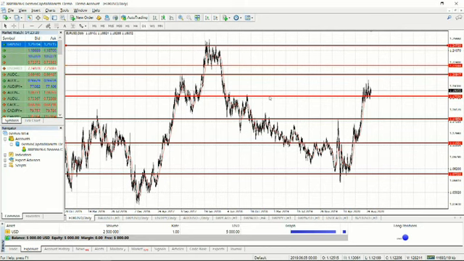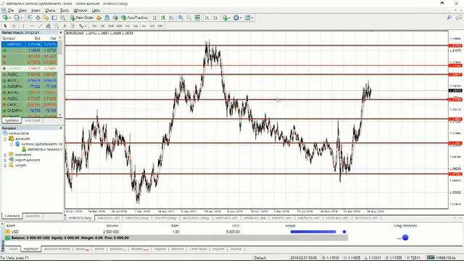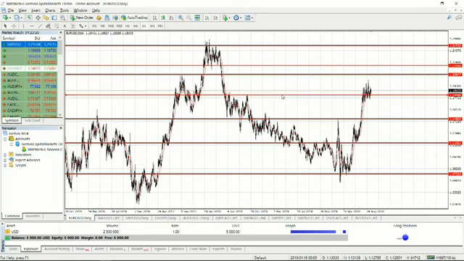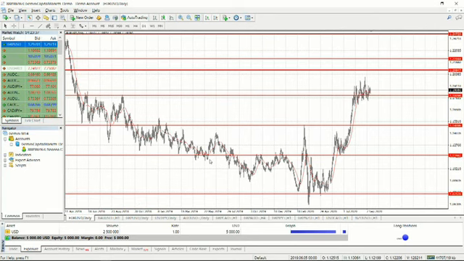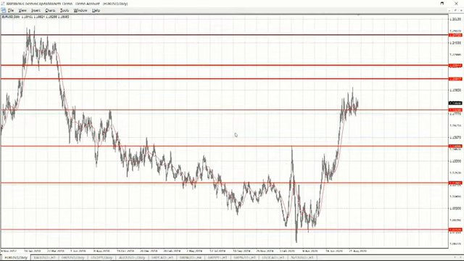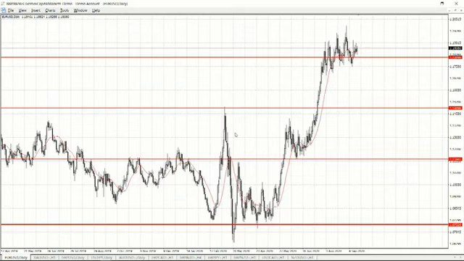Now, after some time, it eventually broke and started moving down. So it's now making lower lows and lower highs. And this movement in the market, you can see that there are areas like it's clear here. You can see here that there's a level that has been holding price above, and there's a level down here which has been keeping price in range.